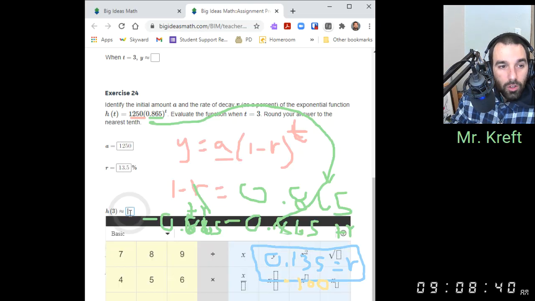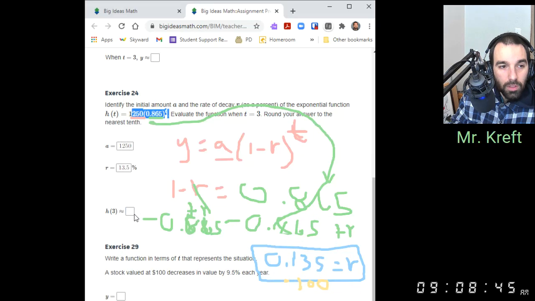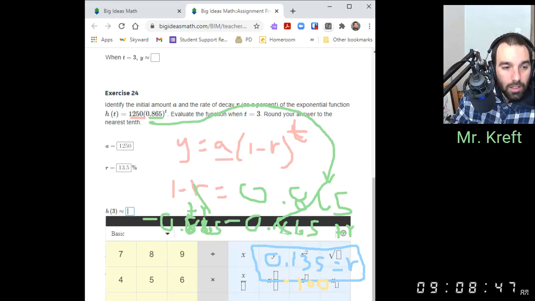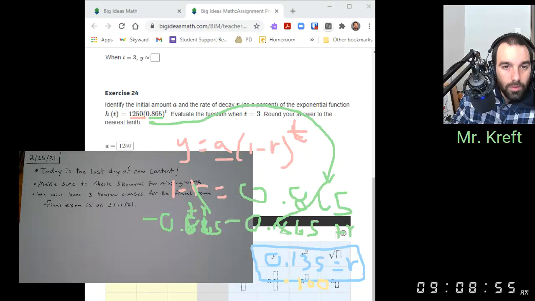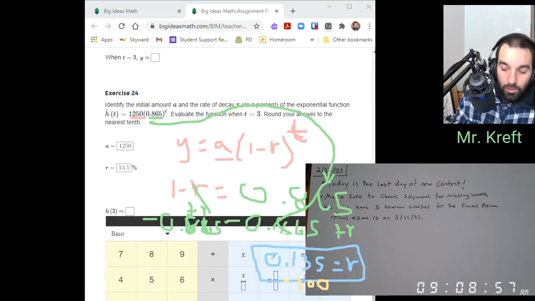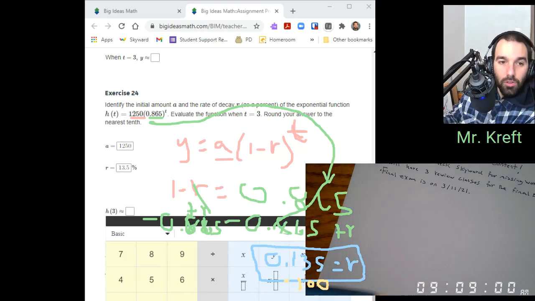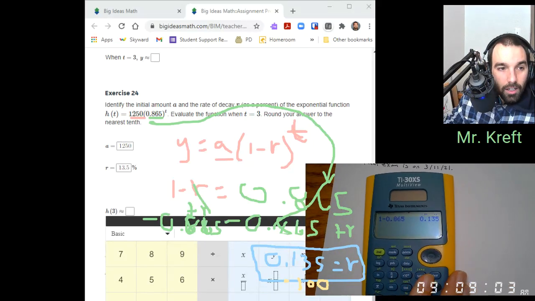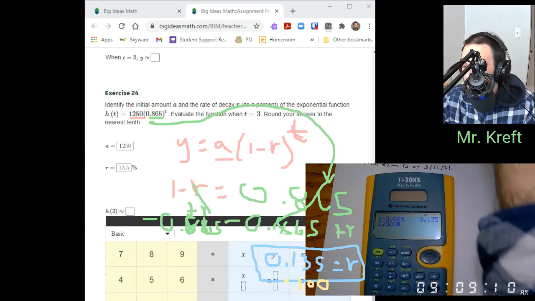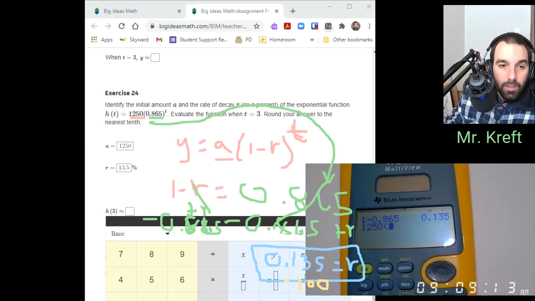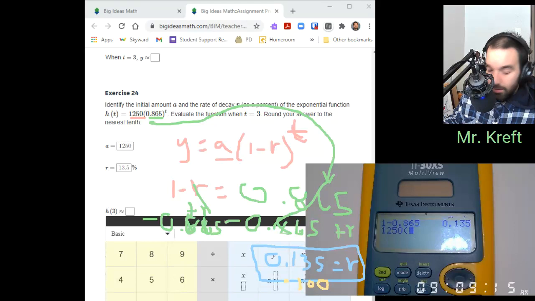Then all we're doing here is taking the equation we have up here and plugging in 3 for T. So I take my original equation, 1,250, and then 0.865, and I can zoom in a little bit so you guys can see it.